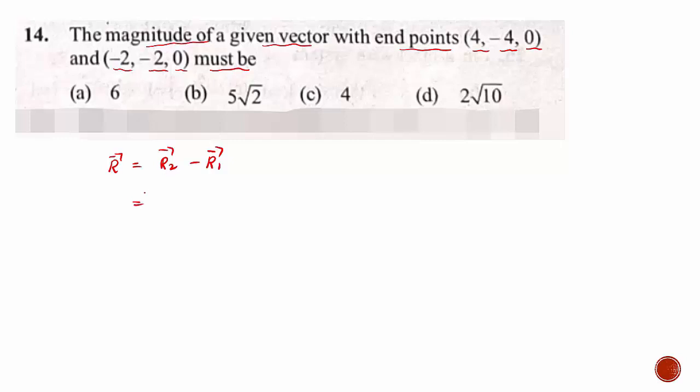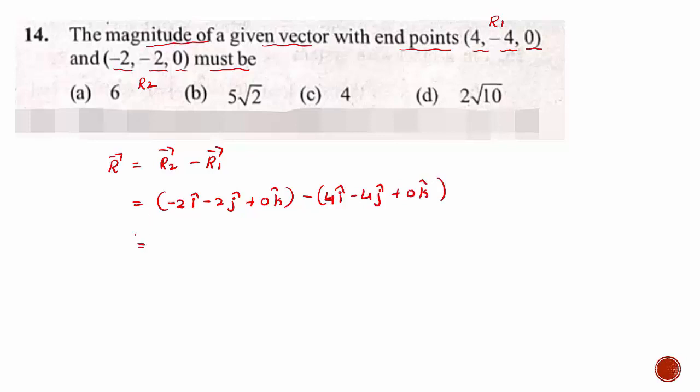We take the first endpoint as R1, the second endpoint as R2. Substitute the values here. In place of R2, we write -2 i cap minus 2 j cap plus 0 k cap, and R1 is 4 i cap minus 4 j cap plus 0 k cap.